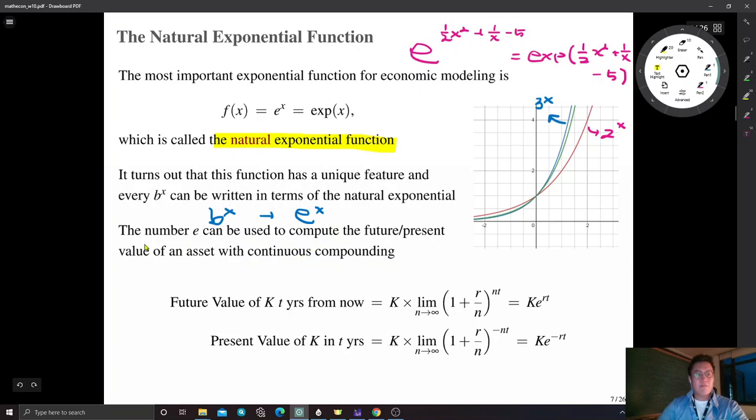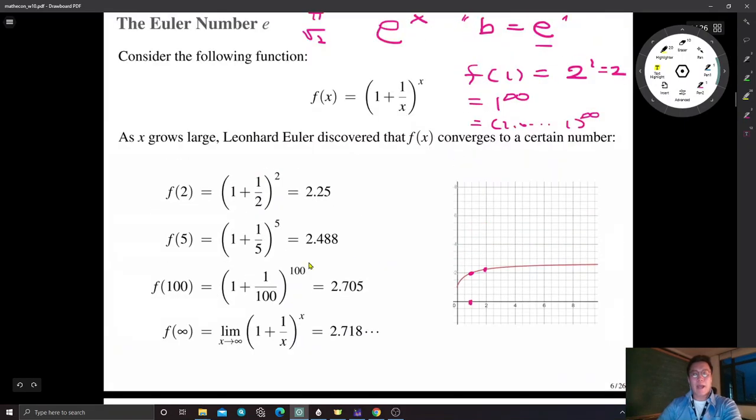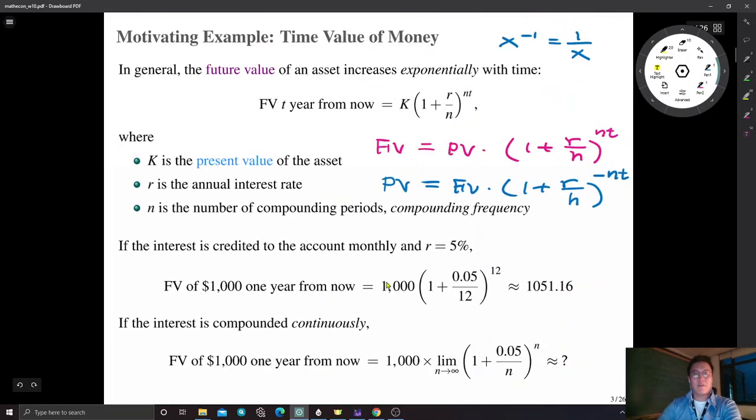And finally, this number e can be used to compute the future and present value of an asset when interest is compounded continuously. So going back to the motivating example, if the interest is compounded continuously, what is the future value of 1,000 one year from now?